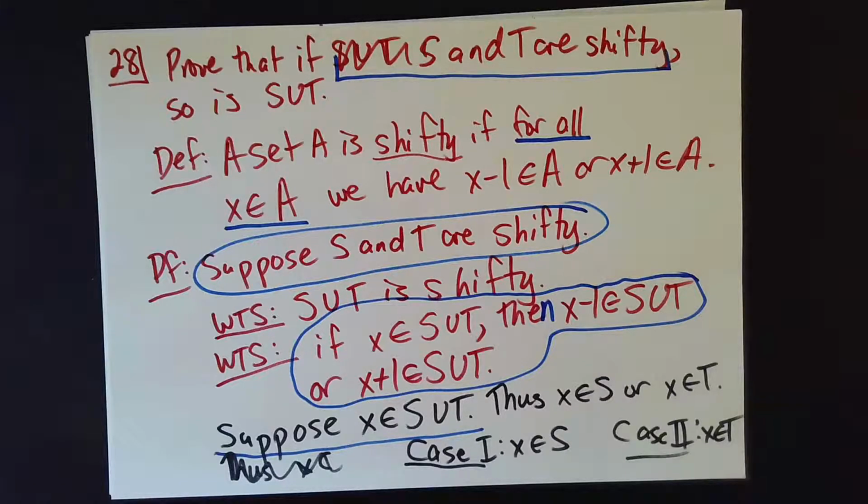Basically, when you have an if-then statement where the then also has an if-then statement in it, you get to pull all the ifs out to the front. That's basically what ends up happening.